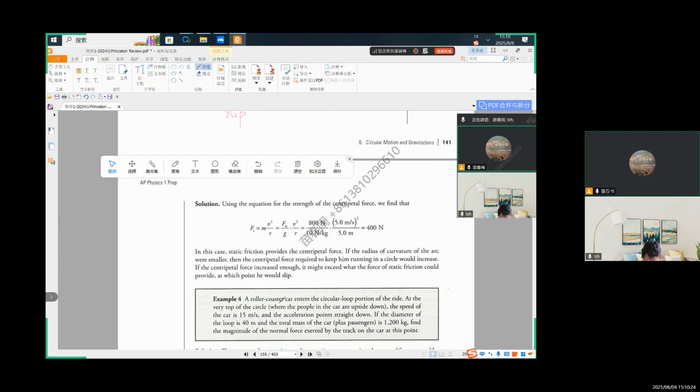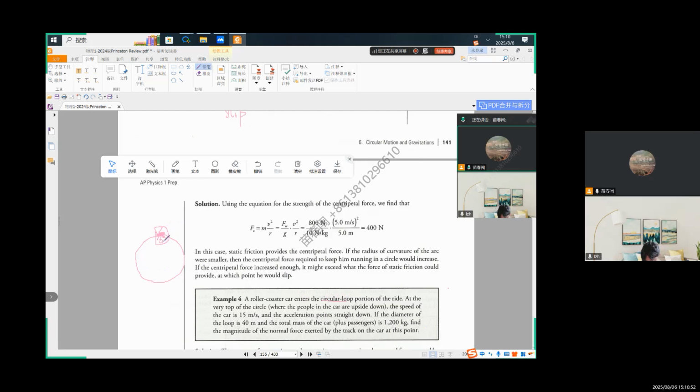So let's draw this. They say it's a circular loop, right? Forget about the other parts of the roller coaster. Let's only talk about in here, and they're at the very top. Here is the roller coaster, here's the car, and the people upside down.